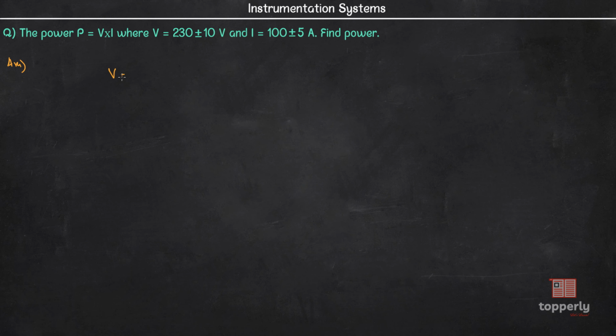Therefore, V is equal to 230 ± 10 volt is equal to 230 ± 10/230 into 100, which is 230 ± 4.348 percentage volt.